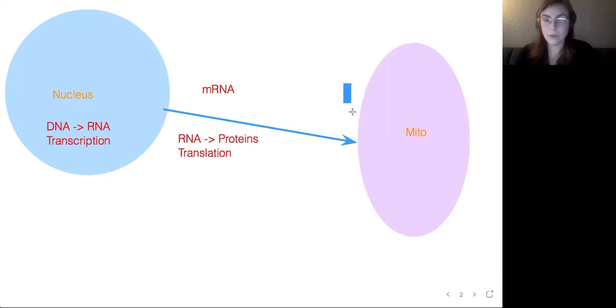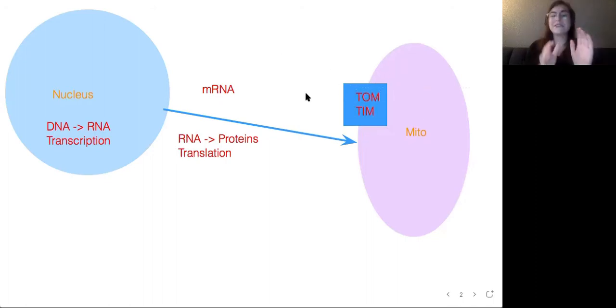So once it is directed by its mRNA to the mitochondria, it interacts with Tom and Tim. What Tom and Tim stand for is translocase of the outer membrane and translocase of the inner membrane. Some of these proteins can interact with the translocase of the outer membrane and be directly integrated into the membrane of the mitochondria.